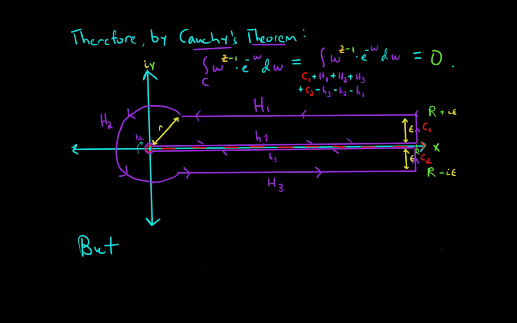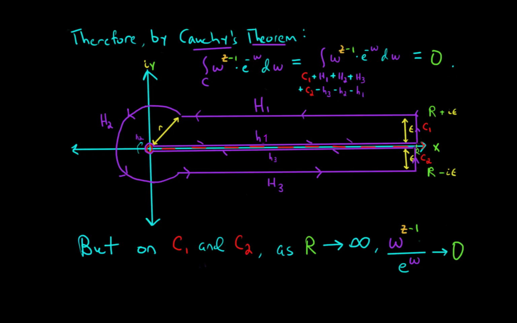And the next thing to notice is that on the vertical pieces of the contour, C1 and C2, as r goes to infinity, their contribution goes to 0, because the integrand, w to the z minus 1 times e to the negative w, which I can rewrite as w to the z minus 1 over e to the w, goes to 0 as r goes to infinity for any fixed z.